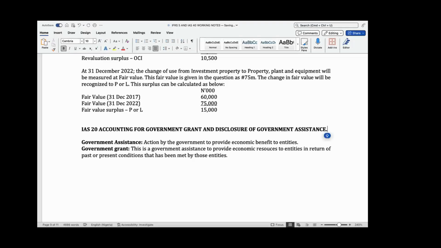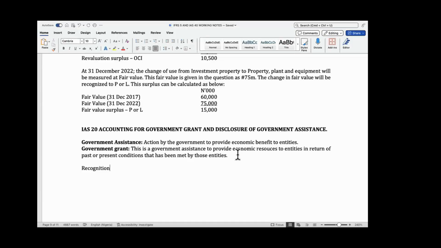So government grant is the one we recognize in our books. We do not recognize government assistance, any other one, because those ones are non-monetary. It's like maybe the government is providing technical advice or they are helping with marketing, something like that. You only disclose them. It's government grant that you recognize.